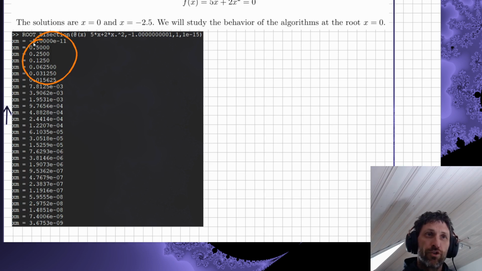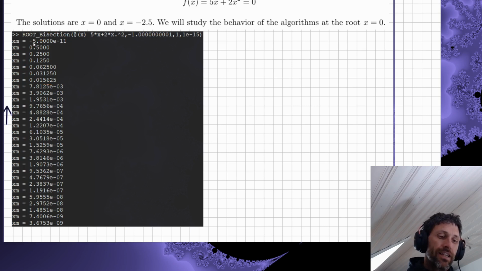So the speed of convergence is linear, and the factor is the length of the interval as well as the deviation of your point to the root you are looking for is halved in every step, and this is linear convergence. 2 steps means you are closer by factor 4, 3 steps means you are closer by factor 8, 4 steps means you are closer by factor 16.